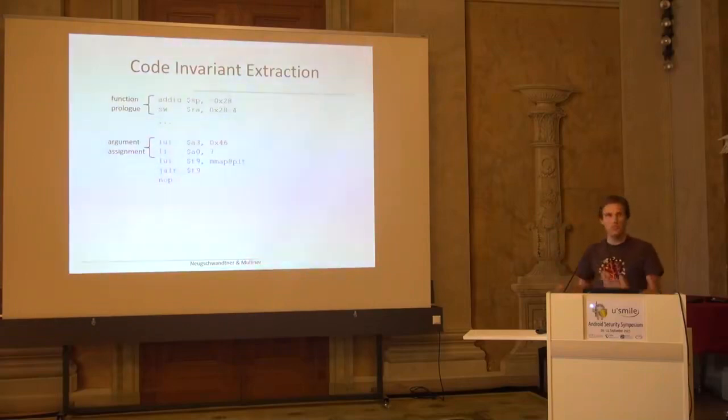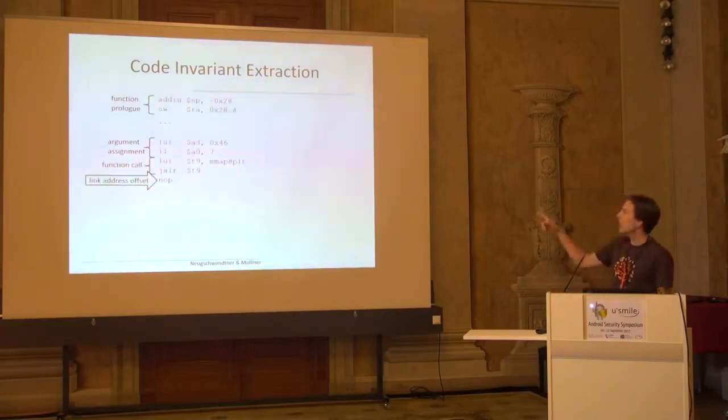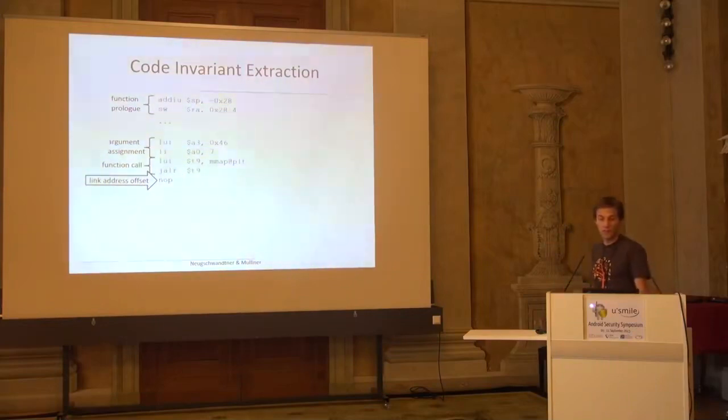This is also pretty RISC standard, so you pass the arguments to a function invocation via registers. And then we have a function call here via the T9 register, which is the standard register to perform an indirect function call. And the final nop instruction is basically where the link address points back into.